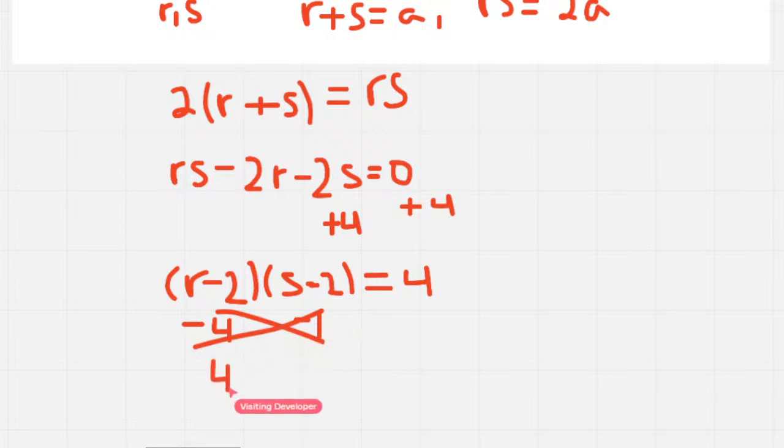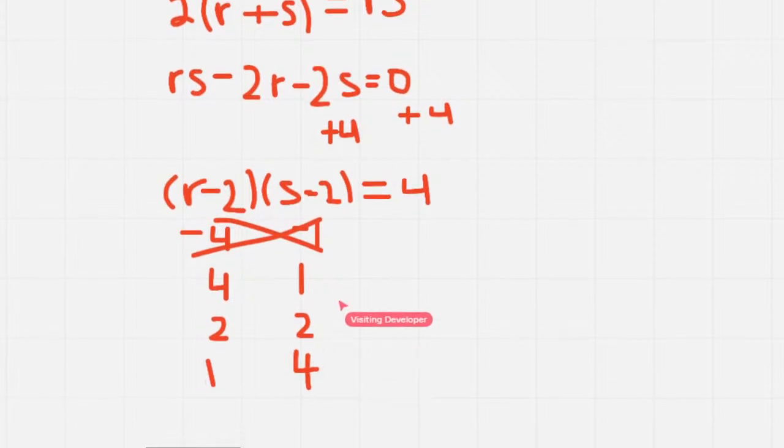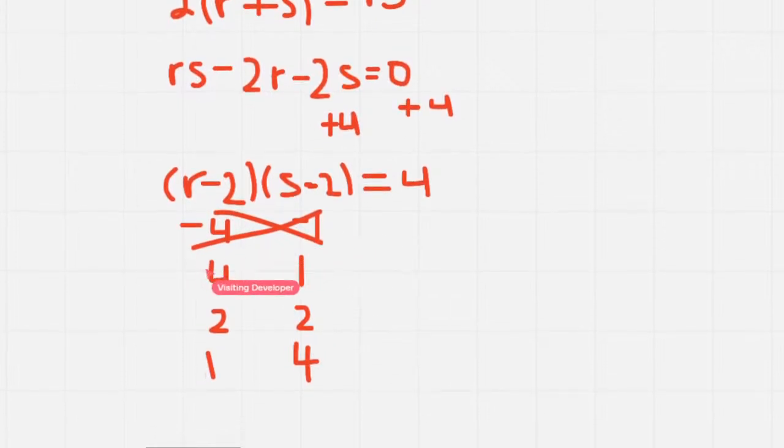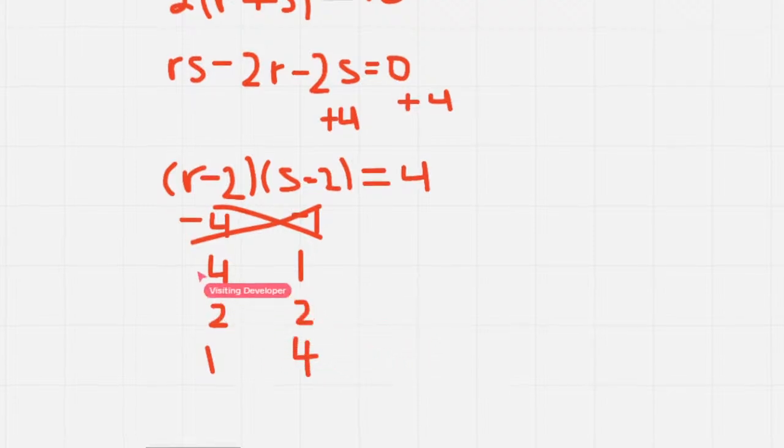And so we can just list out the different ways to write 4 as a product of 2 positive integer factors. So because 4 is equal to 2 squared, we have just 4 times 1, 2 times 2, and 1 times 4. And we see that the first and last cases are symmetric, so we can just focus on these two cases.